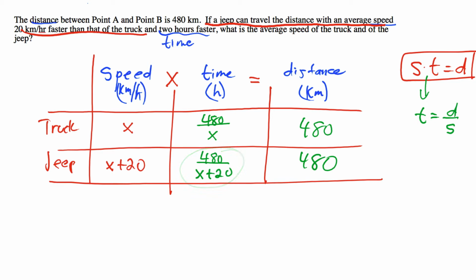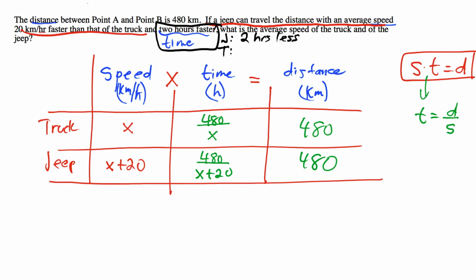All right, so we have our variables defined, and now we need an equation to solve. In order to do that, we have to draw out one more piece of information from the question, and that piece of information is right here. We haven't used this information about time. The Jeep is traveling faster, which means that the Jeep's time versus the truck's time will be 2 hours less.